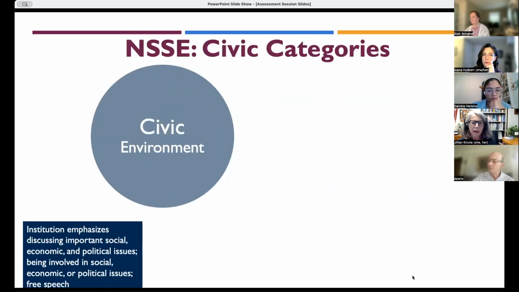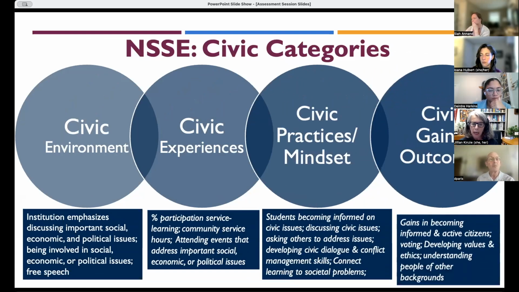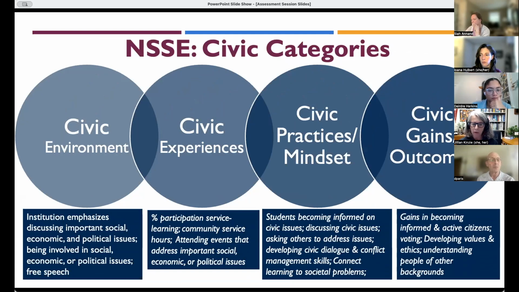So four clicks. The first one is about civic environment. There are measures that get at the civic environment on a campus, and a group of questions that ask about students' civic experiences. Those are probably things that are easier to count, like how much have you attended events? How much have you participated in service learning? And then there are civic practices and mindset questions that really get more at the learning practices.